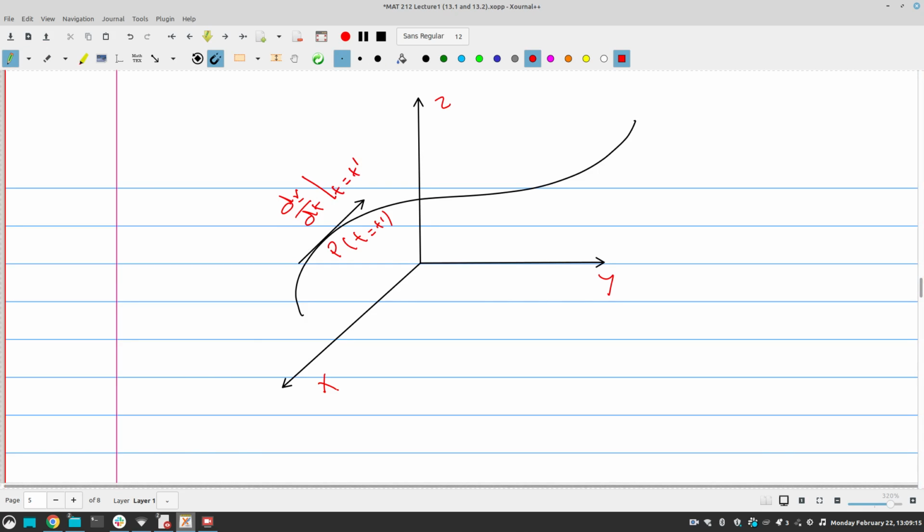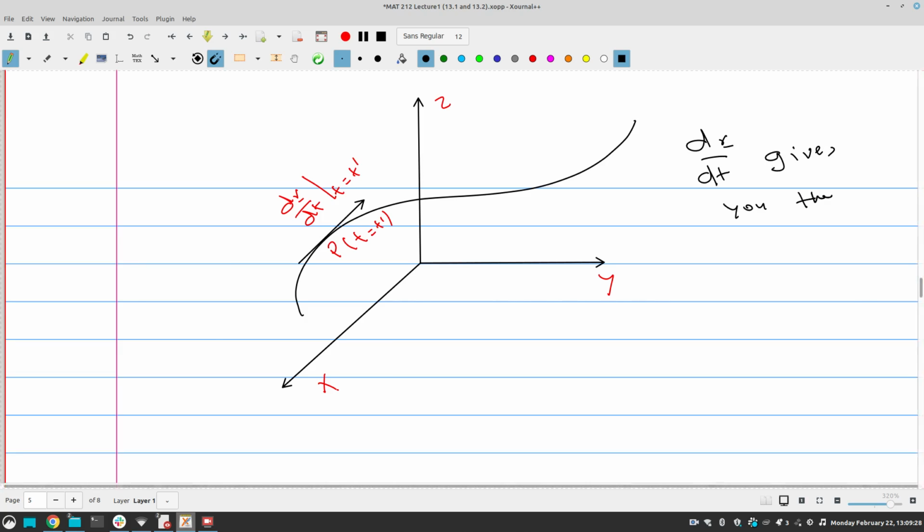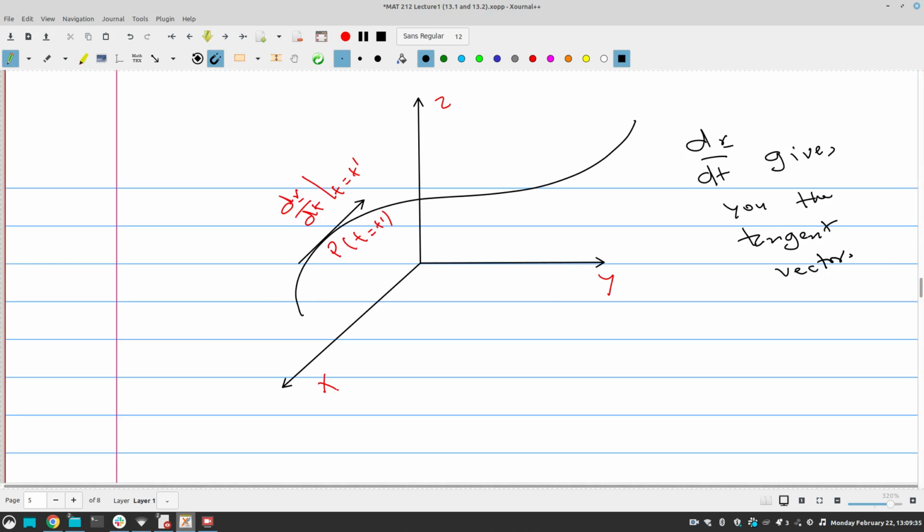So it's a tangent vector. dr over dt gives you the tangent vector, wherever you're evaluating it.